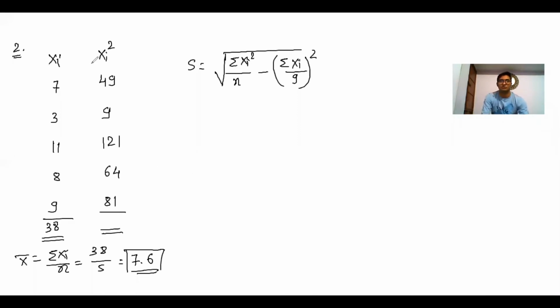So now the total of xi square is 324. In this formula of standard deviation, the value of sigma xi square, 324, is divided by the number of observations, 5, minus, most important, sigma xi upon n, that is 38 divided by 5 whole square, or you can also write 7.6 whole square.